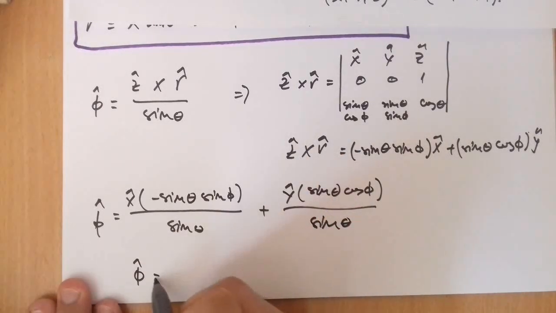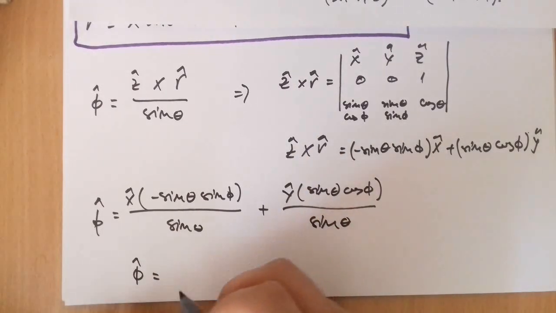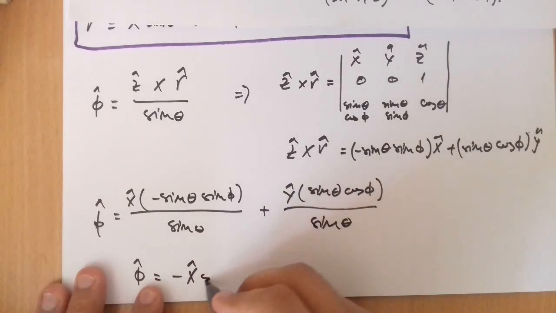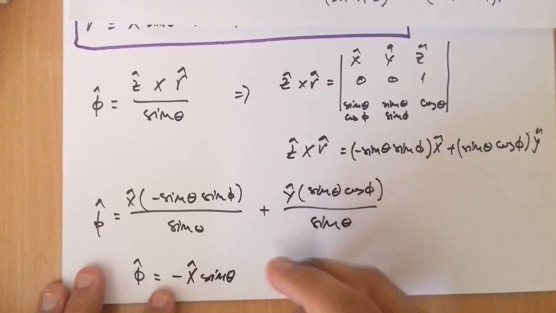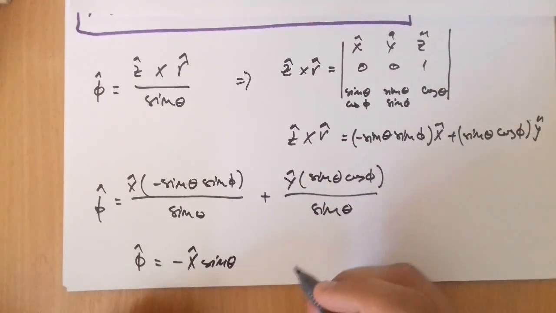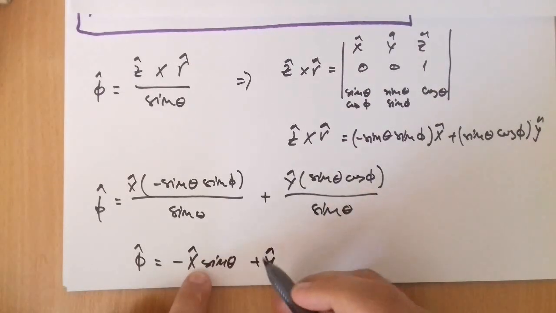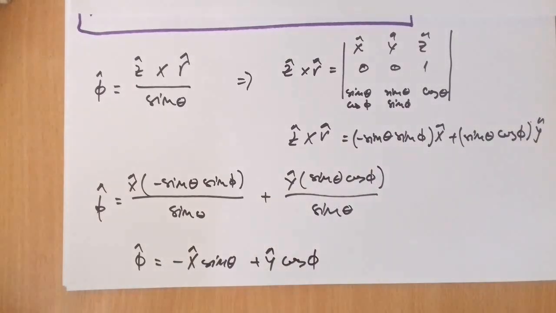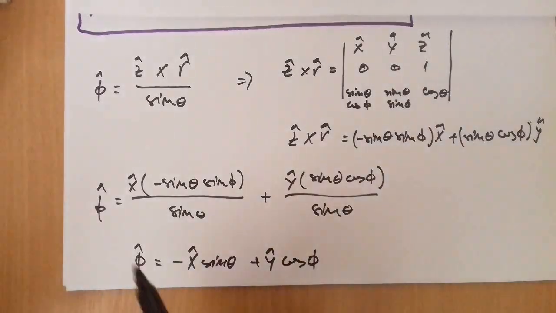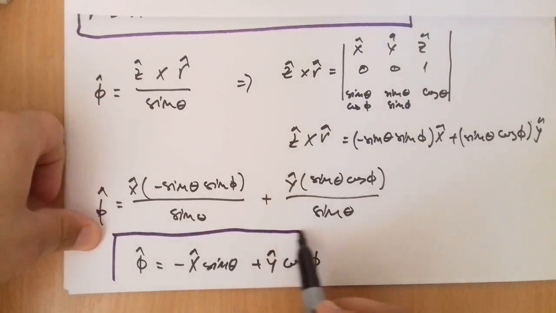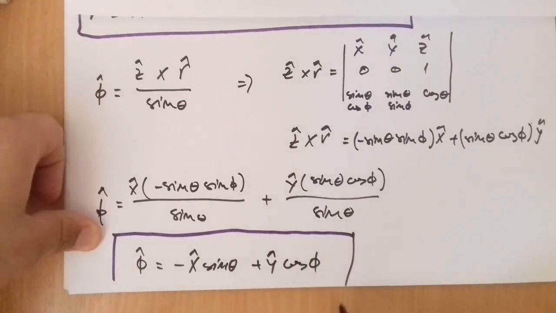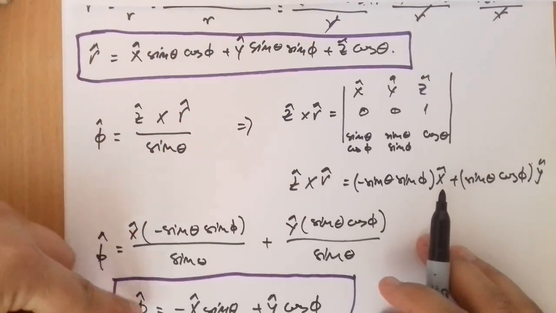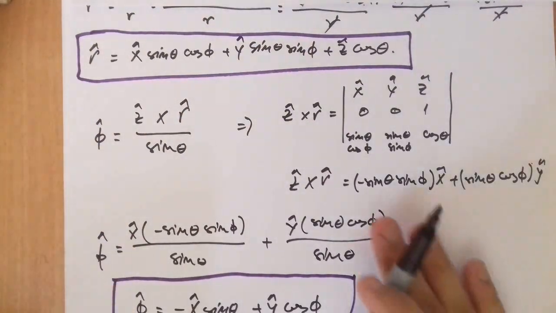So the phi direction is minus sine phi in the x direction plus cosine phi in the y direction. I am putting this in a box because we need it, the unit vector in the phi direction.